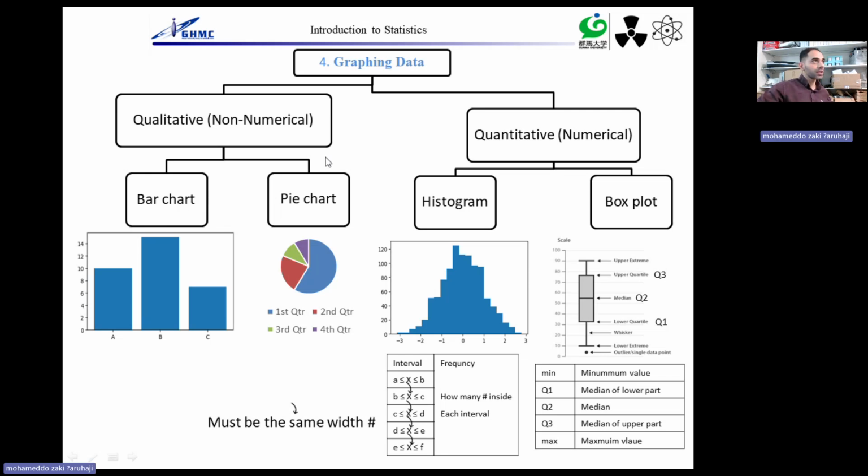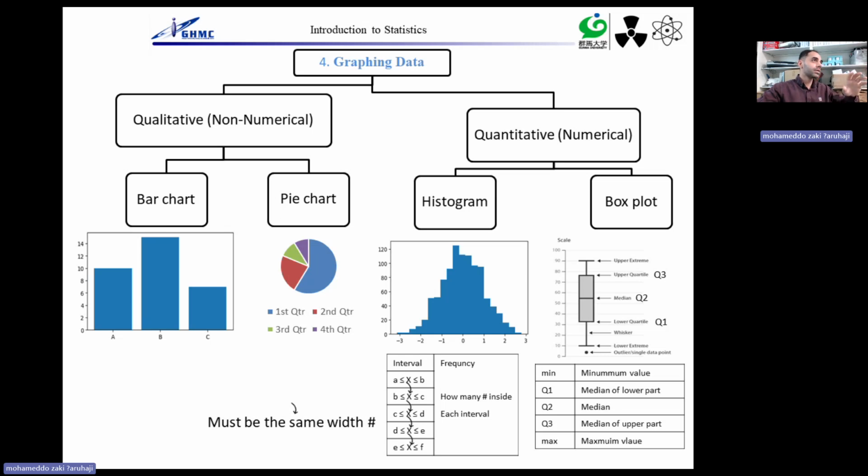But for quantitative data, we need to have another approach. And I will be showing you, or talking about, what we call the histogram and box plot. Now, my histogram: usually, if I have a data set and I want to put it in a histogram, I have to divide my data set into as many parts as I can.